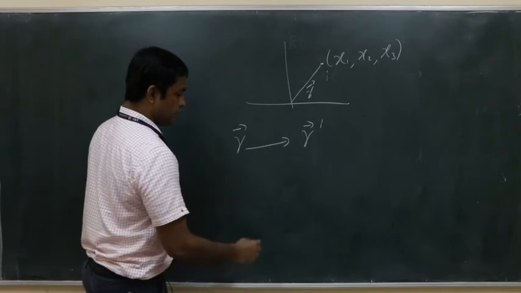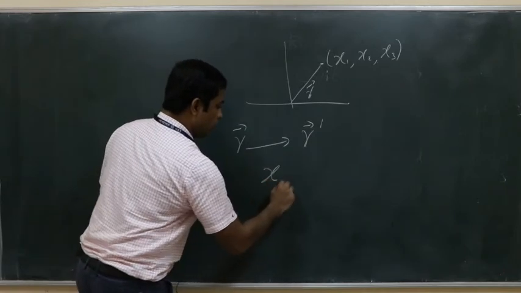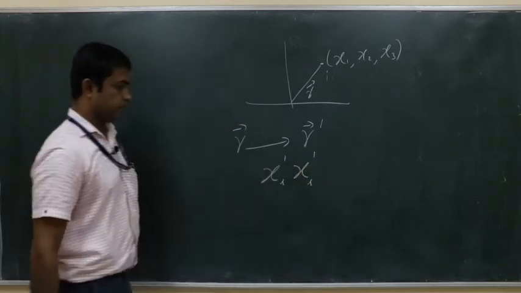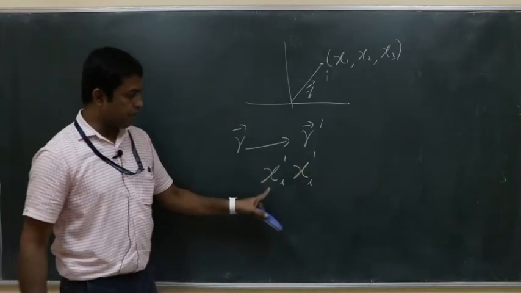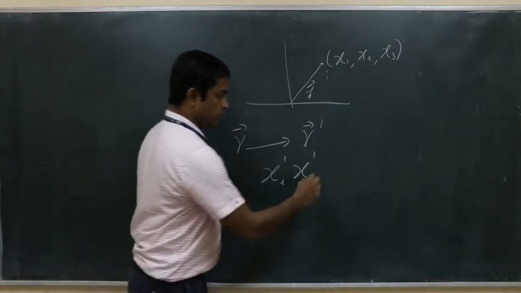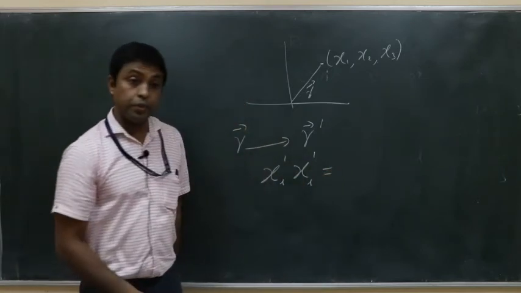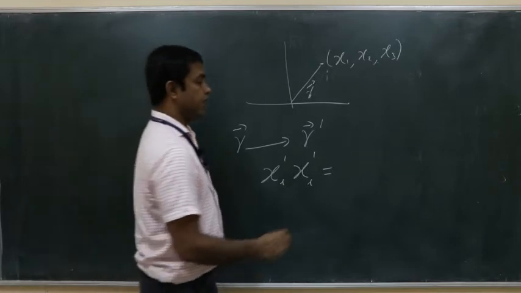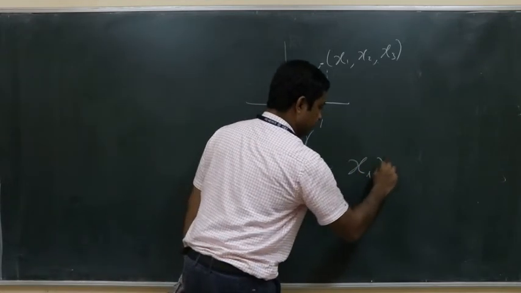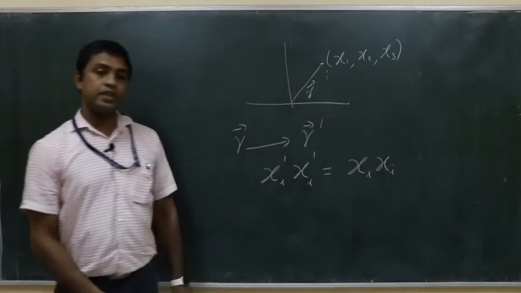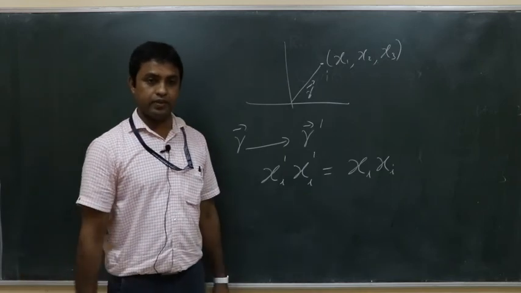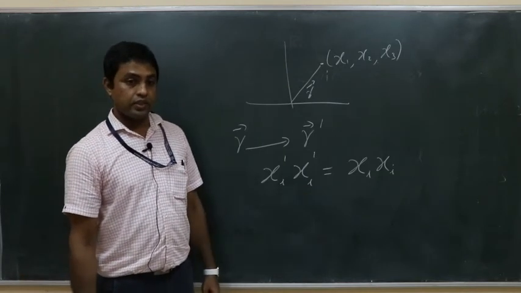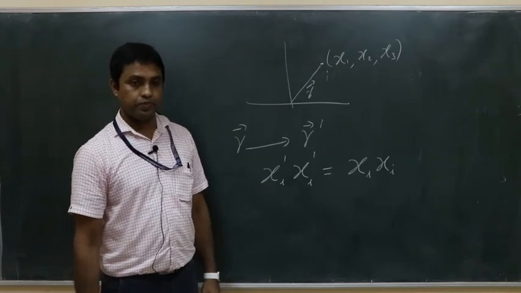The question is, what will xi prime xi prime be equal to? It should be xi xi, because this is basically the length of that vector. So this does not change under coordinate transformation.